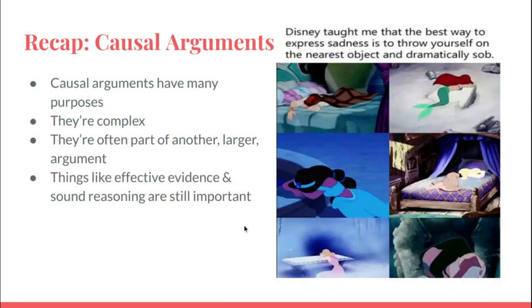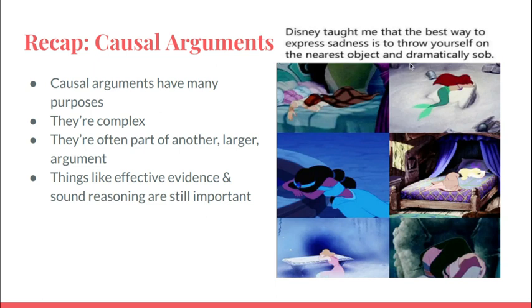So, a quick recap of causal arguments. Remember, they have lots of different purposes. They're very complex. They're often a part of another larger argument. And things like effective evidence and sound reasoning are still important, just like they are in any other type of argument. And then I just had to include the Disney princess meme because we're talking about Disney princesses this week.